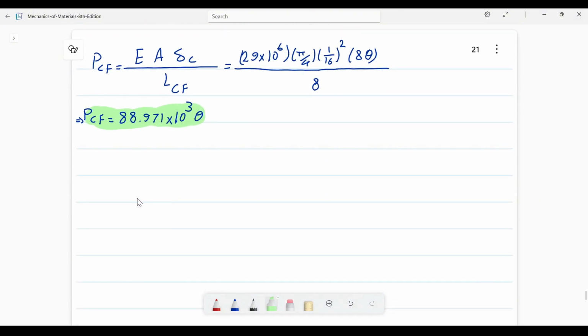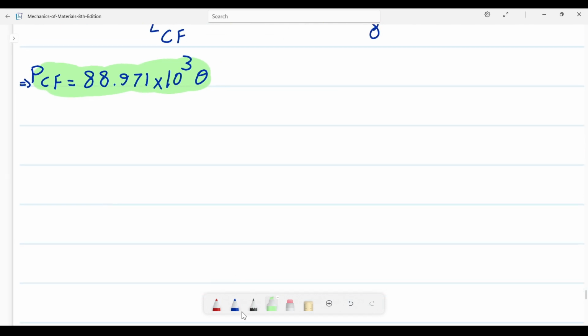Let's write one of them, for example, minus 24 PAE plus 16 P minus 8 PCF equals 0. Now we have PCF, P and PAE.